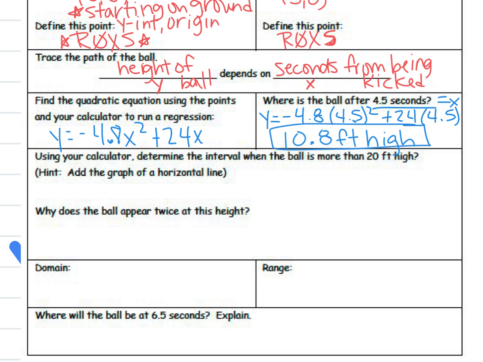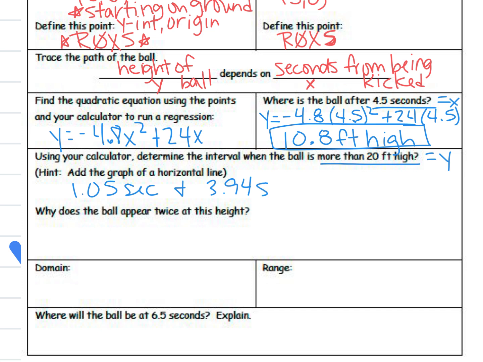Using your calculator, determine the interval when the ball was more than 20 feet high. Okay, so this is our y. Height is our y. Add the graph of a horizontal line. So let's look at where that goes. So at 1.05 seconds and 3.94 seconds.